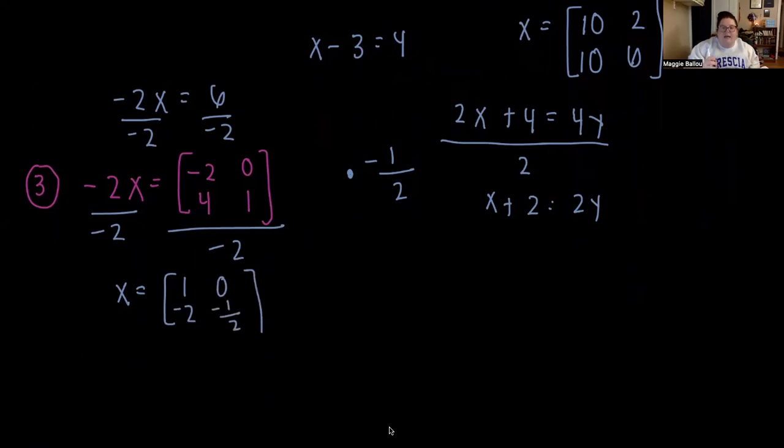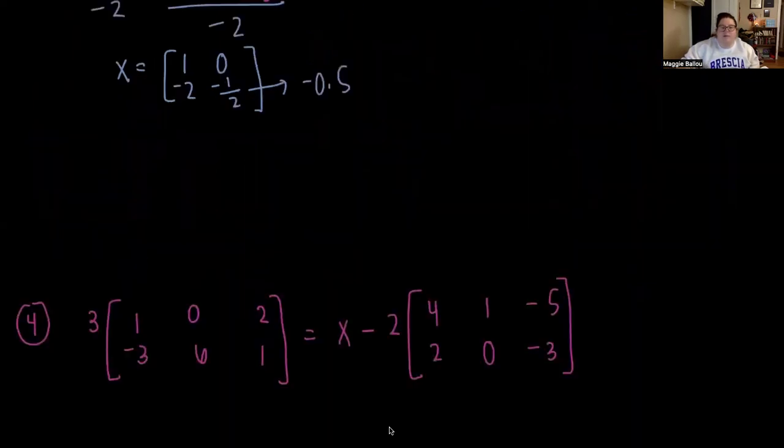You can have fractions in matrices. That is okay. As long as it's a nice decimal, you can also transform it into a decimal. -1/2 is the same thing as -0.5, and that's a nice decimal. So that's okay.